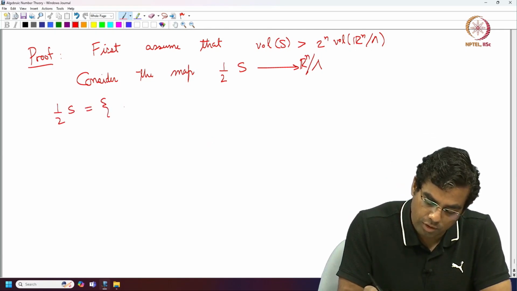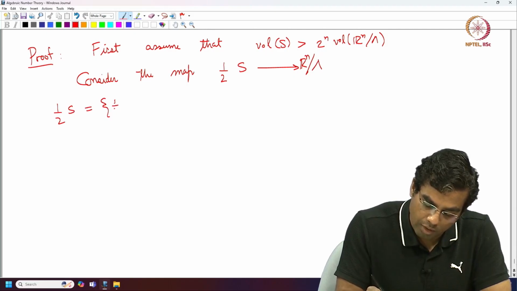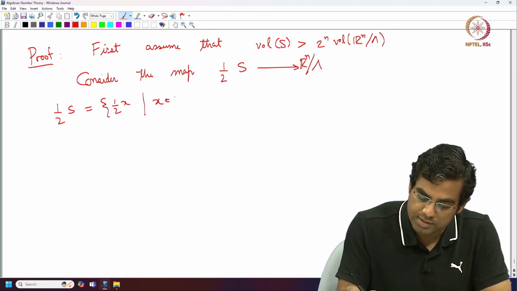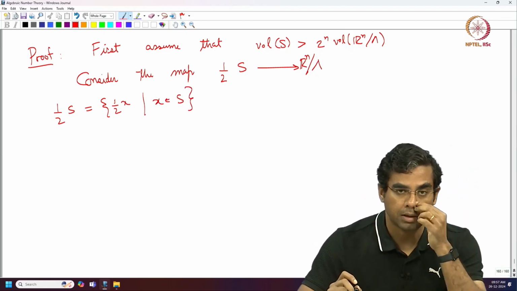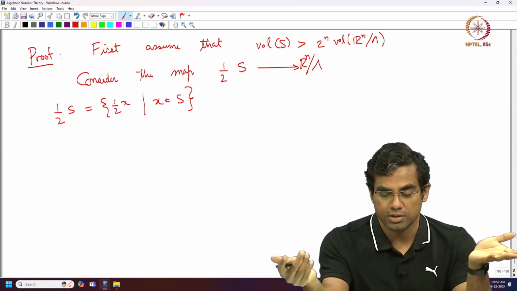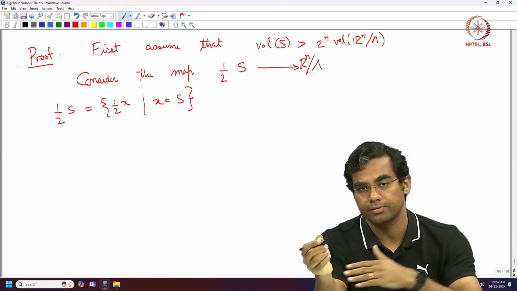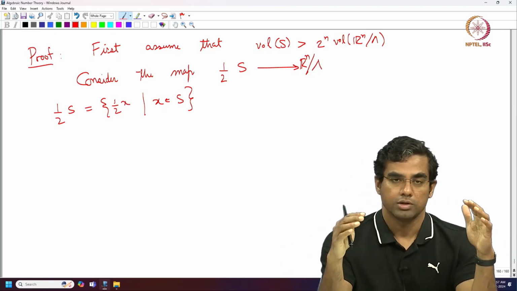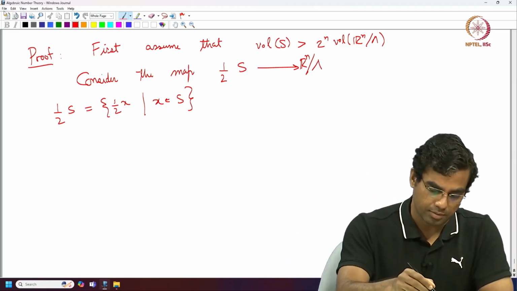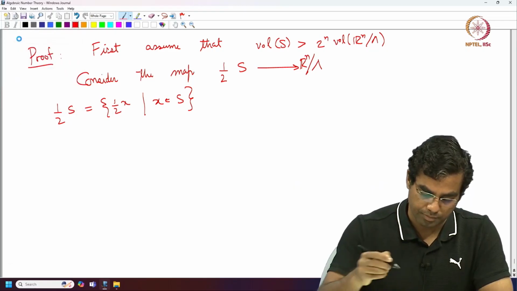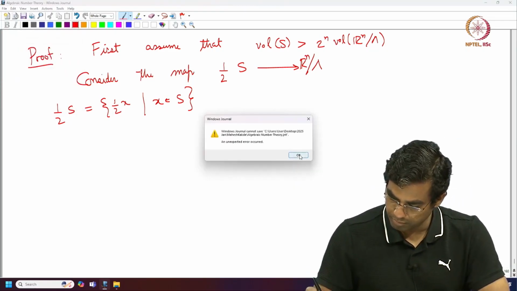Half of S is all 1 by 2 x such that x is in S. So, for every element x in S, which consists of n coordinates, you take half of all of those coordinates. So, you can think of shrinking the set S by half from every direction.